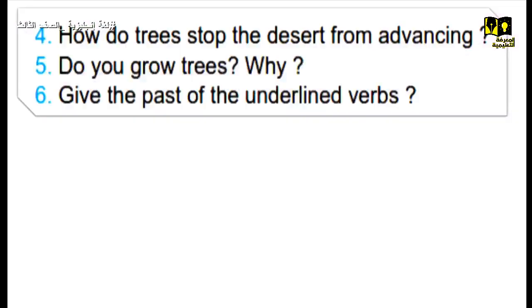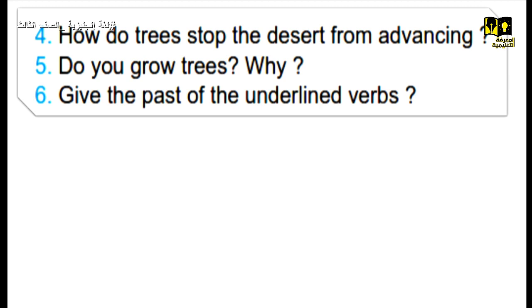Read it? Okay. 5. Do you grow trees? And why? 6. Give the past of the underlined verbs. You remember the first paragraph, I asked you to look at certain verbs, right? The underlined verbs, because I told you that I'm going to ask you about them later.